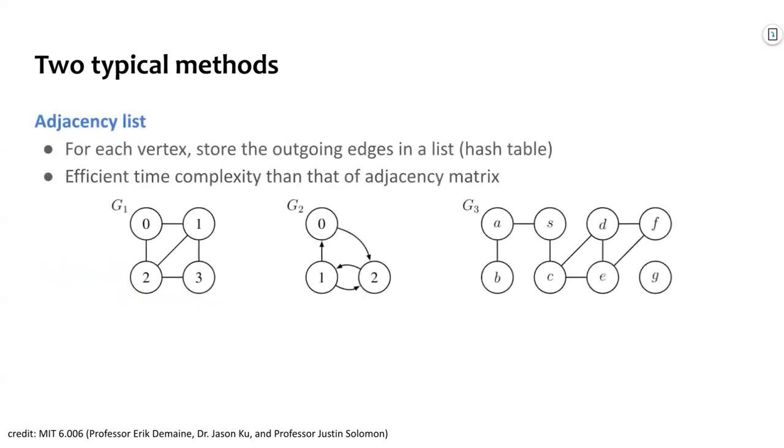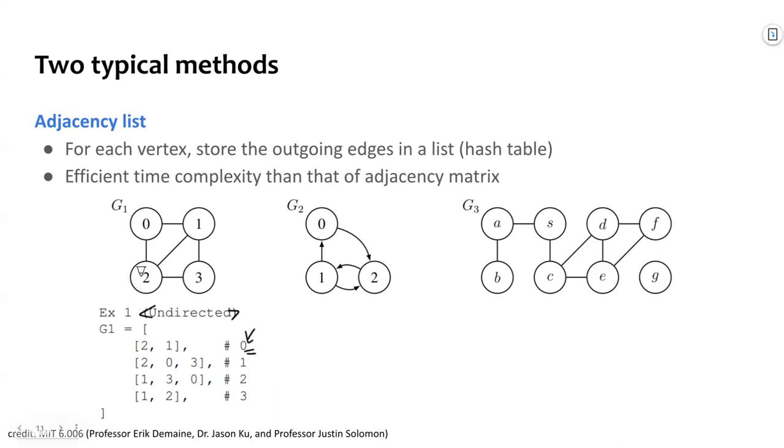Let's say we have these 3 graphs, and how can we represent these graphs using adjacency list? For example one, this one is an undirected graph. This comment means the vertex 0. For vertex 0, we have 2 nodes connected. From vertex 0, we are connected to node 2 and node 1.